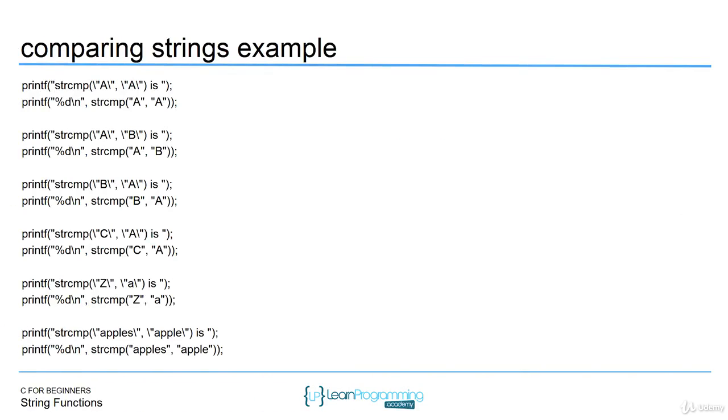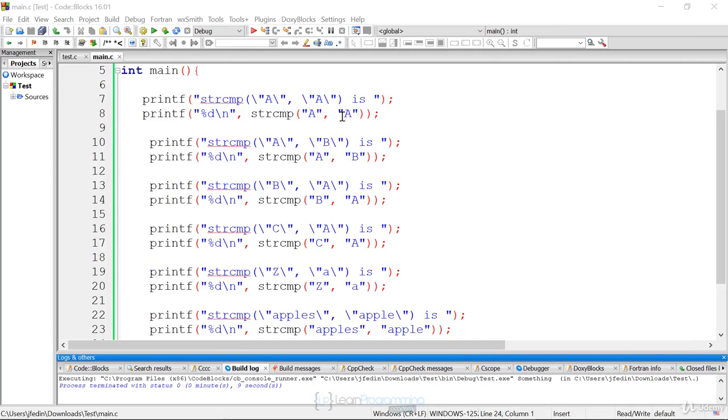Let's put this into Code::Blocks and run it. Here we're doing a bunch of strcmps, and we're going to tell you what the values are, whether they're less than or greater than, because it's not very clear. So here's our example. We're comparing a bunch of strings and then just displaying the results of strcmp, whether it's a 0, 1, or whatever. If you compare two strings, "A" and "A", they have to be in double quotes.